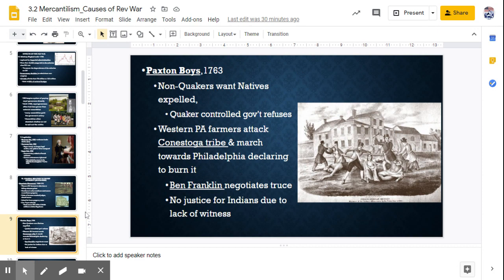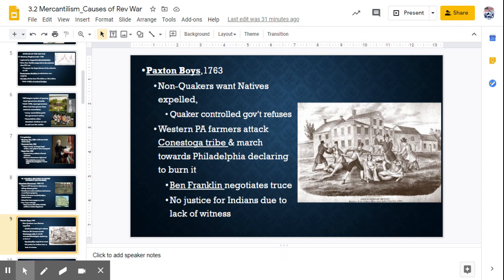And so when we look at the resistance movement, the anti-tax movement sometimes associated with the Sons of Liberty in the 1770s, some of its seeds, some of its origin, is going to come from things like the Regulation.